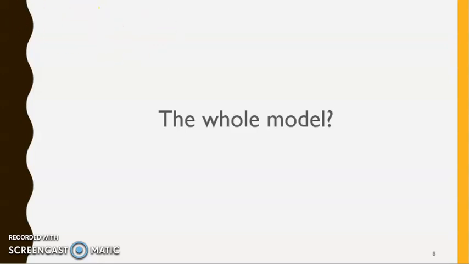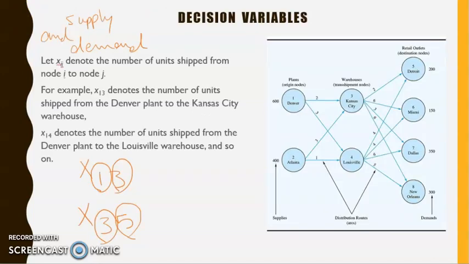You may ask, what about the cost per unit of transportation? You see, each unit you transfer from Denver to Kansas City costs you $2. Each unit you transport from Denver to Louisville costs you 3, and like that. Okay, try to write the whole model.